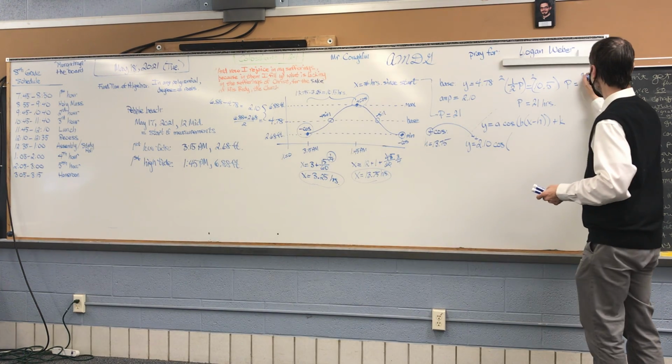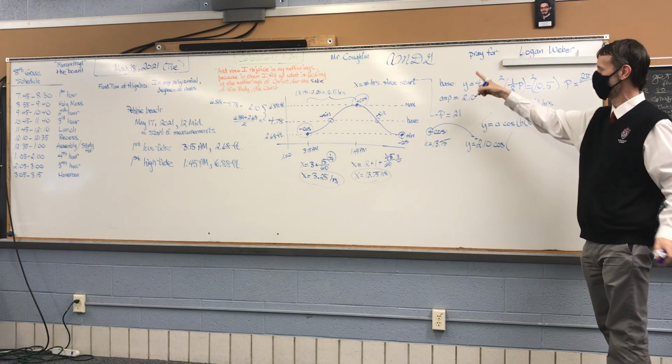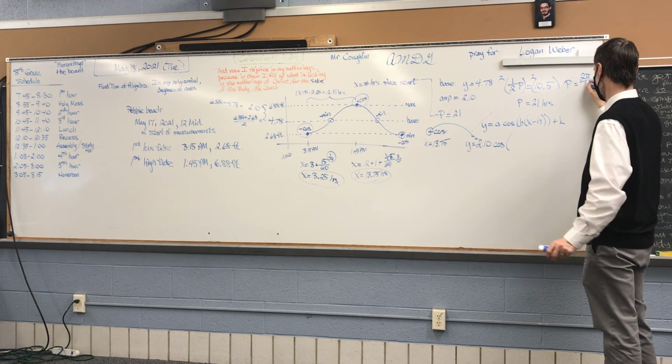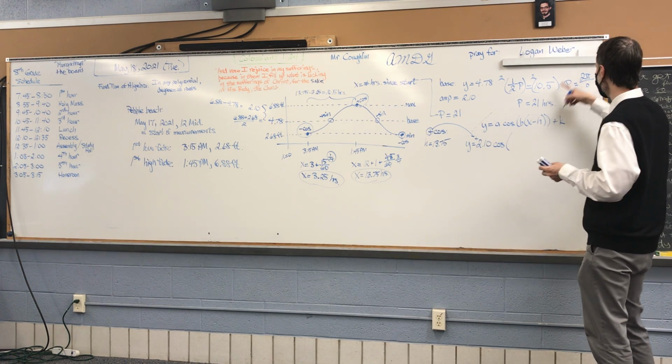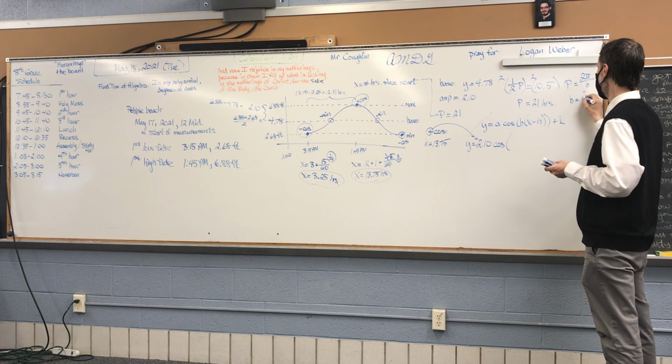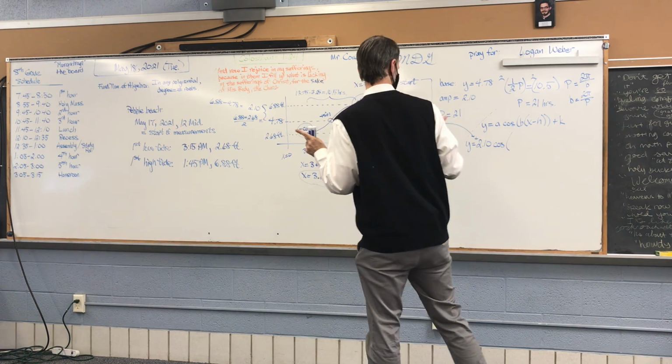So the normal period is 2 pi divided by what? One of these letters. B. Nice. So B is kind of the backwards version. If P is 2 pi over B, then B is 2 pi over P. So go ahead and jot that down if you need to, and go ahead and use that.